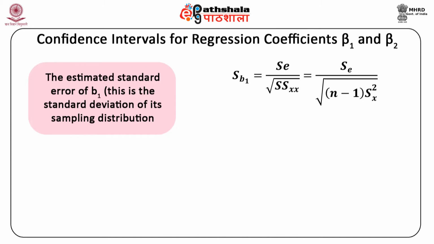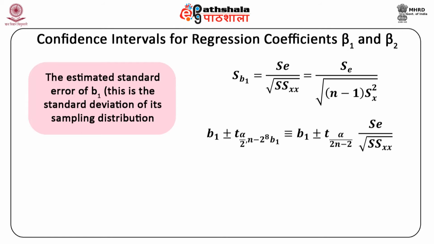The interval can then be written as b1 plus or minus t alpha by 2, n minus 2, times s_b1. This is equal to b1 plus or minus t with alpha by 2 and n minus 2 degrees of freedom times the standard error divided by the square root of SSxx.